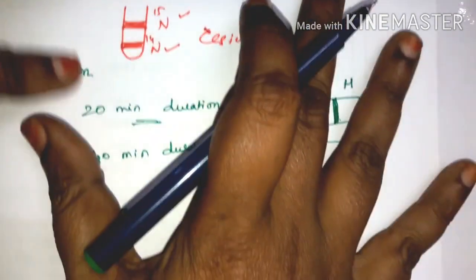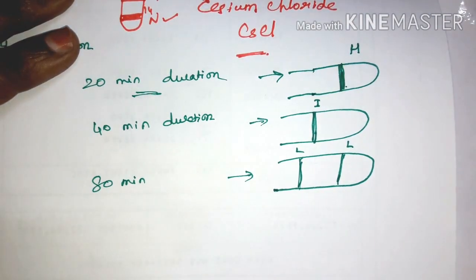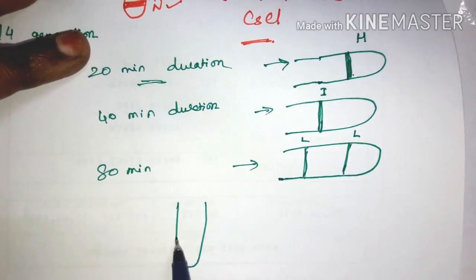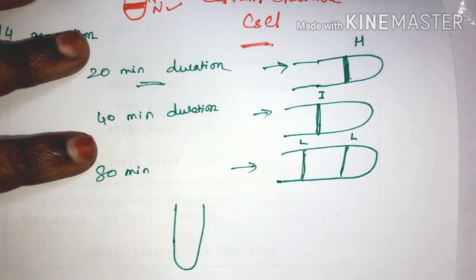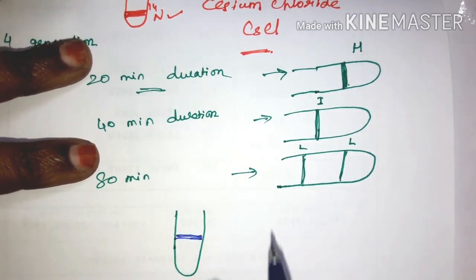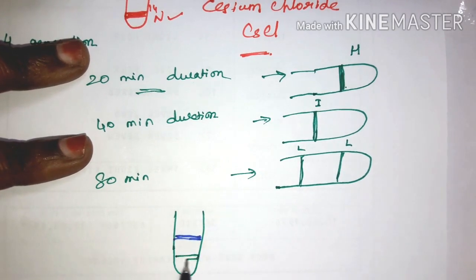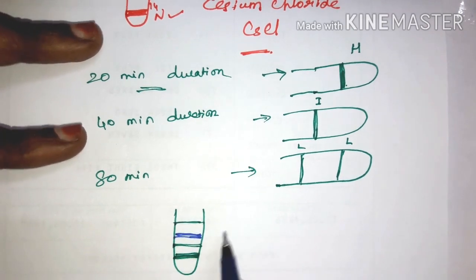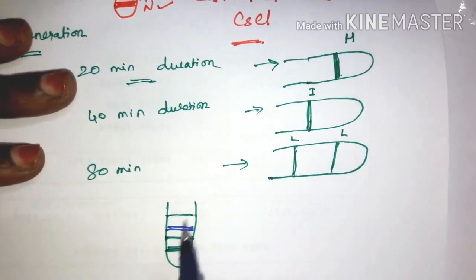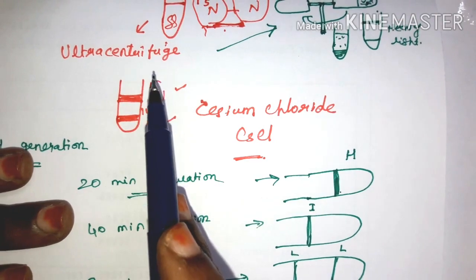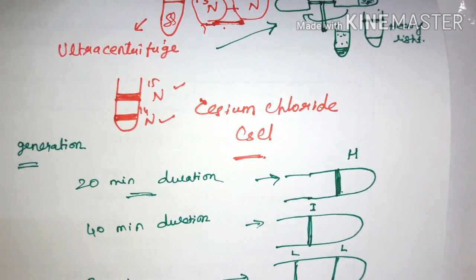So altogether we can say that in the test tube there is one intermediate, heavy, and also a light band in between the intermediate one. So these are the results of cesium chloride treated isotopes that underwent ultracentrifugation.